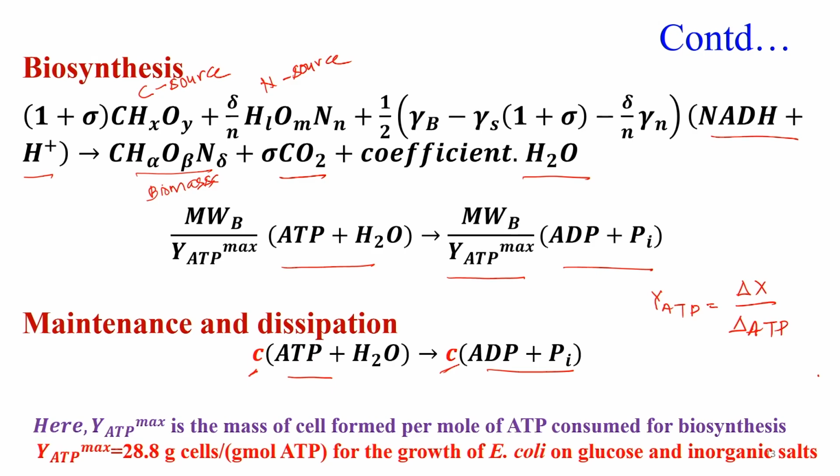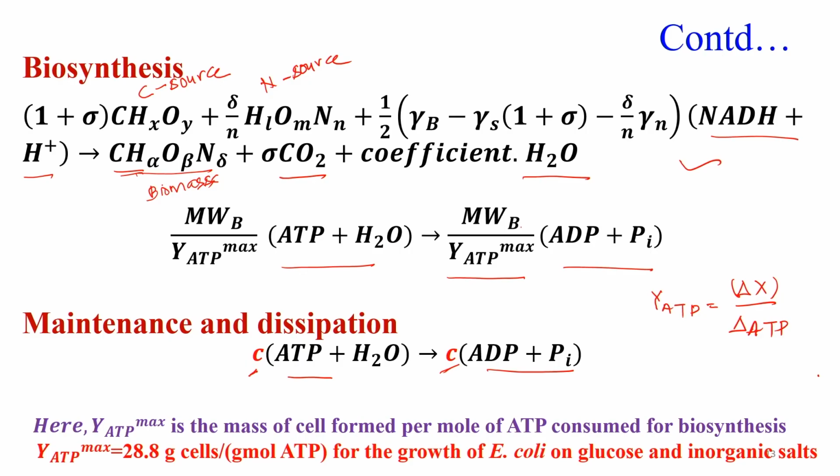Once this is in mole and this is in mass, we have to divide by the molecular weight of biomass, so that it will be in moles. Depending on the moles of biomass, corresponding Y ATP moles of ATP will be required to support this reaction, and parallelly this will be converted to ADP.